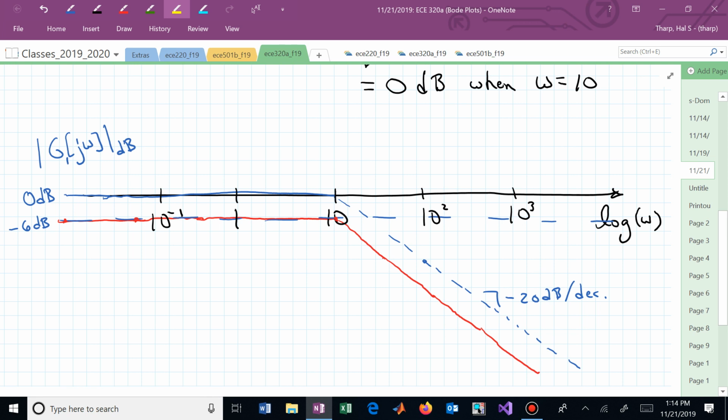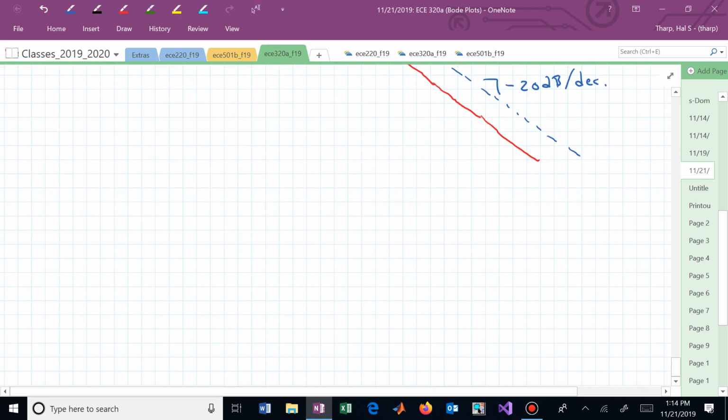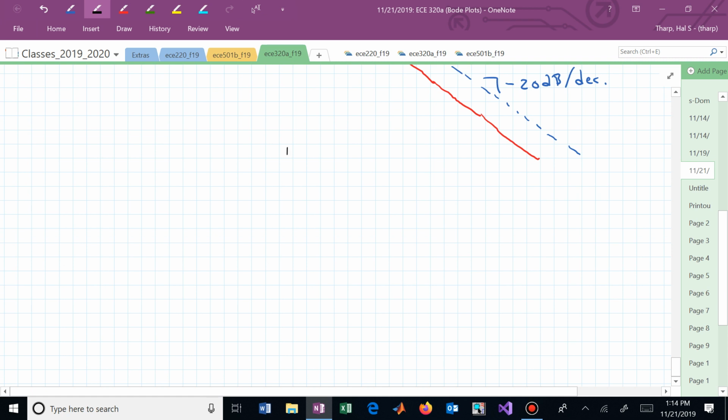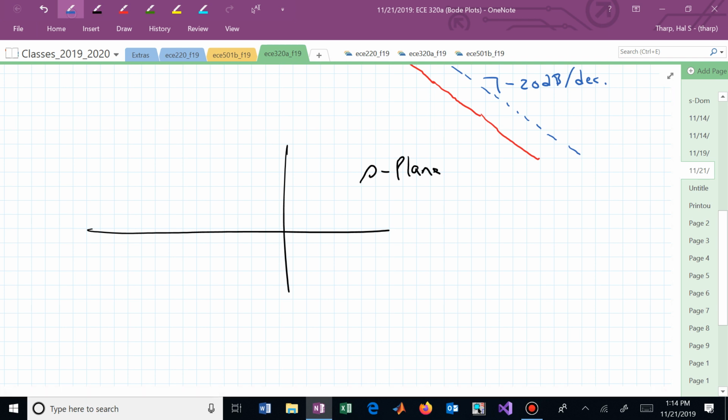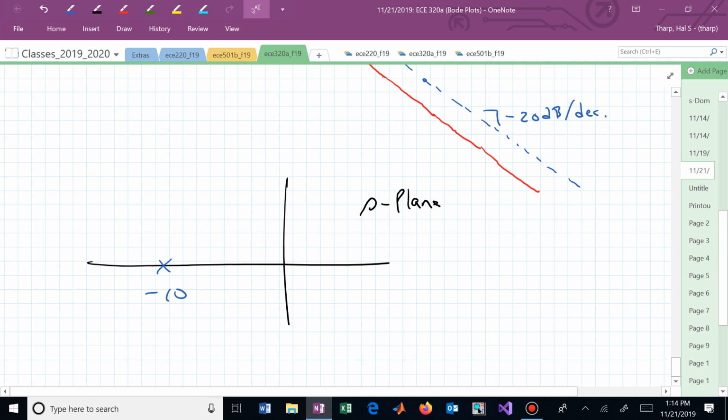Let's look at the phase. So now the phase, again, is guided a little bit by the Goldilocks idea, and we are marching up this axis. Where would we be on that j omega axis a decade before 10?